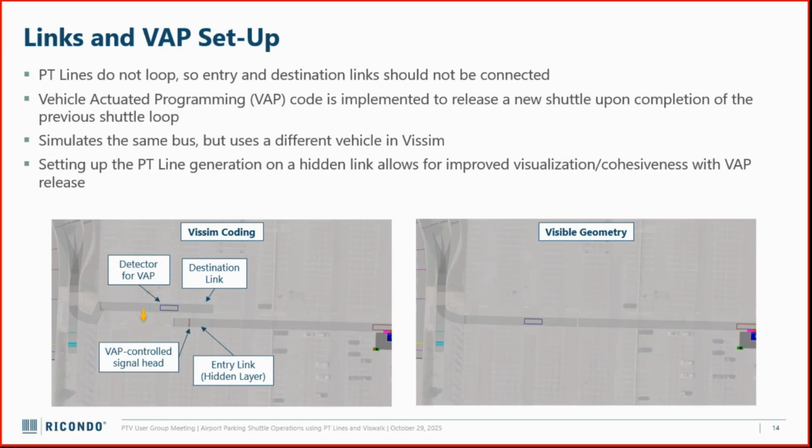As for the VAP itself, it was coded to release a new shuttle upon the completion of the previous shuttle's loop. It simulates the same shuttle, but it uses a different vehicle in Vissim. And then just for visualization, we assigned the PT generation and the signal head on a hidden link.